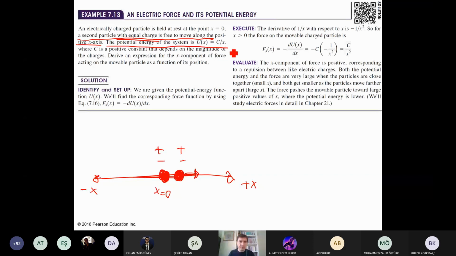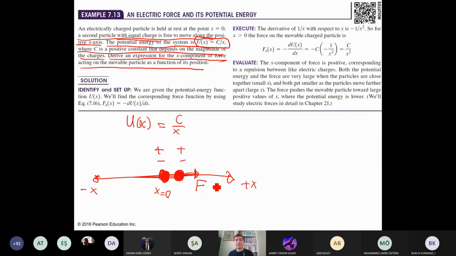U(x) is given with C over x, where C is a positive constant that depends on the magnitude of charges. Derive an expression for the x component of the force acting on the movable particle as a function of its position. So what is the force acting on this charged particle?